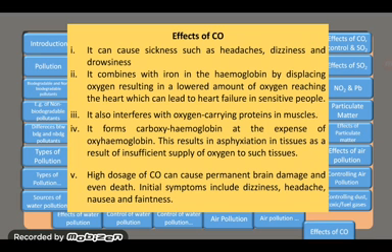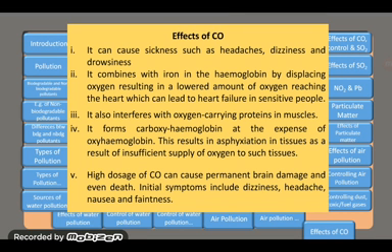One, it can cause sickness such as headaches, dizziness, and drowsiness. That is why it is not advisable for pregnant women to cook food using a fire set with wood, because of the accumulation of CO in the blood system. So it could result in sickness like headache, dizziness, and drowsiness.